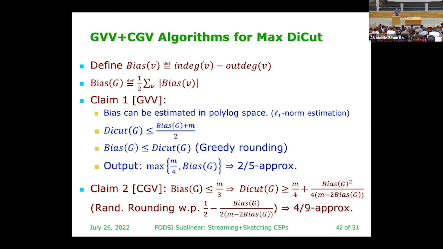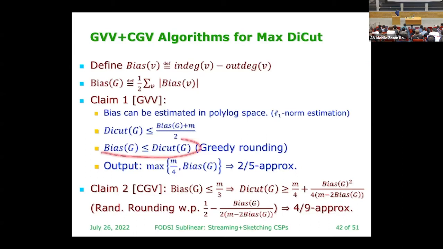Vertices either have lots of edges leaving and very few coming in, or lots of edges coming in and very few leaving. So that's a hint that I should place a vertex with lots of edges leaving on the left of the cut, and lots of edges coming in on the right of the cut, and that should be a pretty good cut. It turns out that's really true.